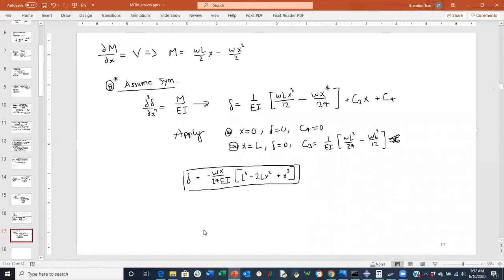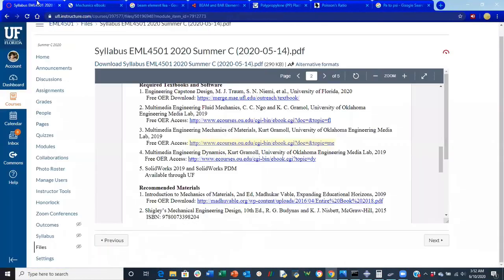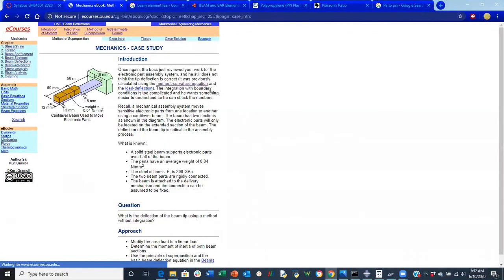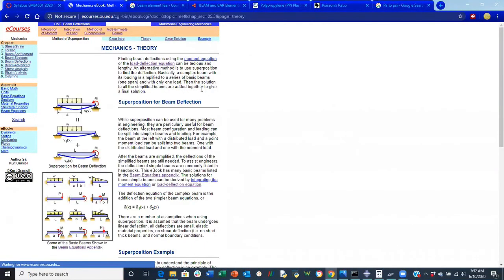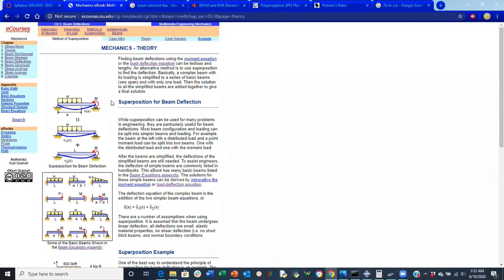Now, the only last thing I need to mention is the method of superposition. So what happens if you have an extremely complicated case where you have multiple different loads on one singular beam and you need to find deflection? Well, there's this thing called the method of superposition, which is, for example, you have a distributed couple on one end, you have a bending moment on the simply supported beam.